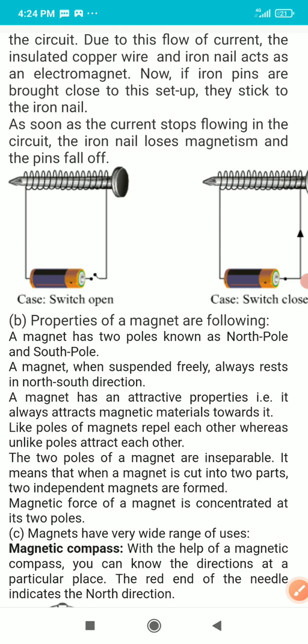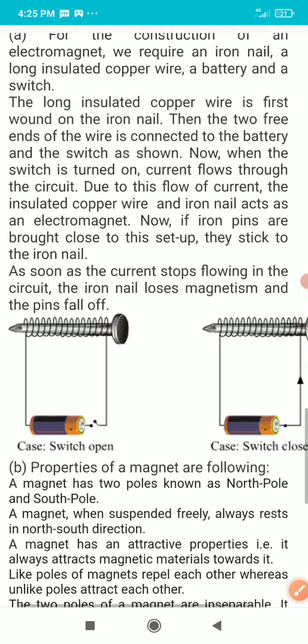Like poles of magnets repel each other, whereas unlike poles attract each other. The two poles of a magnet are inseparable. It means that when a magnet is cut into two parts, two independent magnets are formed. Magnetic force of a magnet is concentrated at its two poles.